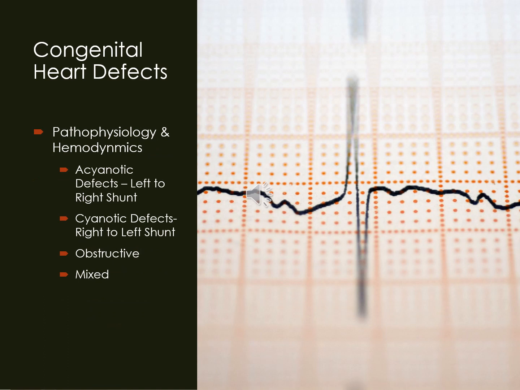A little bit about congenital heart deficits as far as pathophysiology and hemodynamics. With the acyanotic congenital heart deficit, you have that left to right shunt that leads to heart failure. The blood enters and re-enters the pulmonary system.